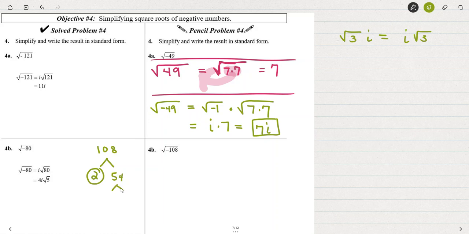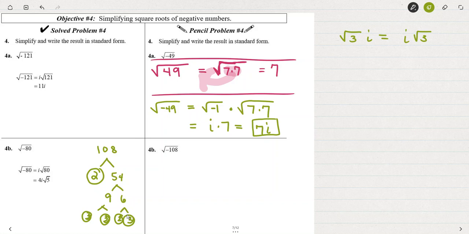For 54, I'm looking for two numbers that multiply to get 54. I could do a 2 again, but I'll jump to the chase and say 9. 54 divided by 9 is 6. Then the 9 is 3 times 3, and 6 is 2 times 3. That's called a factor tree.